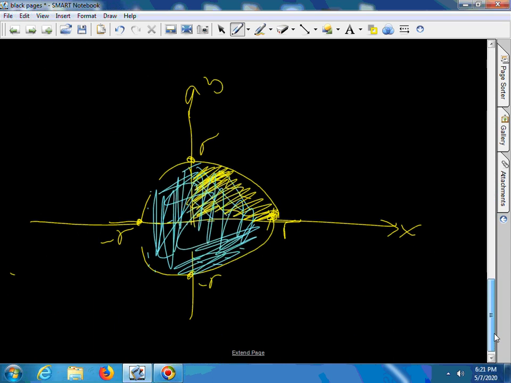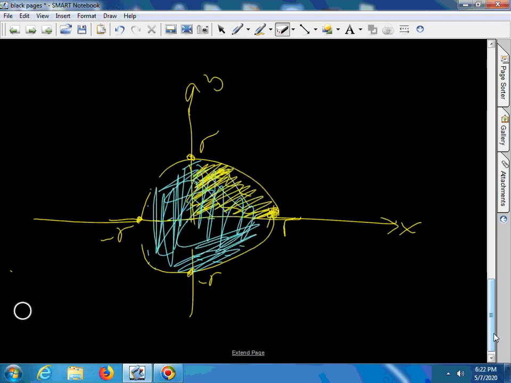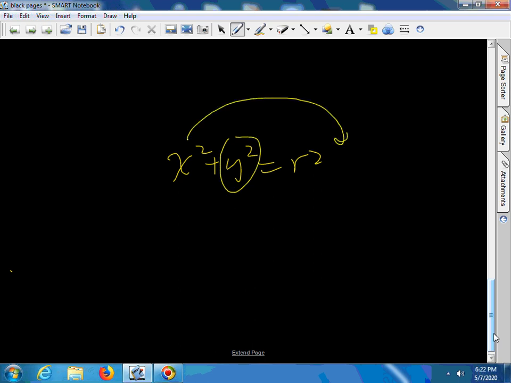So let's come down here again. Now, we know that x squared plus y squared equals r squared. And if I solve for y, by first solving for y squared, I bring this to the other side, and I get y squared is r squared minus x squared.